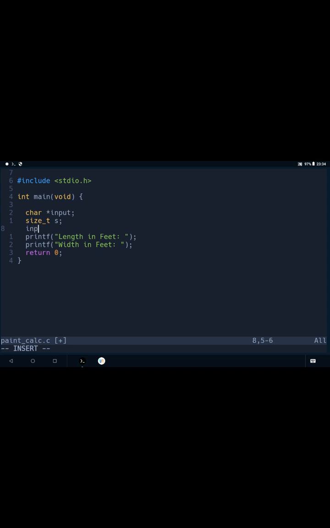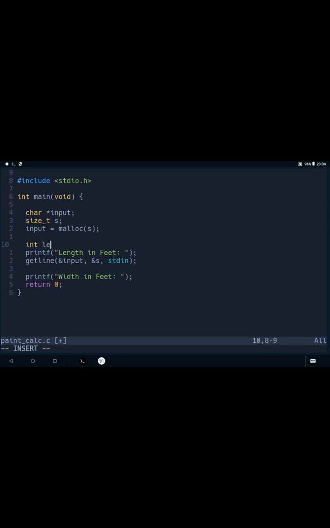So inputs should be malloc of size, then read a line into inputs. And we need to declare variables here, length and width.